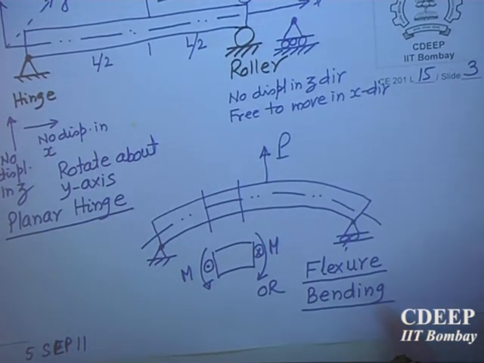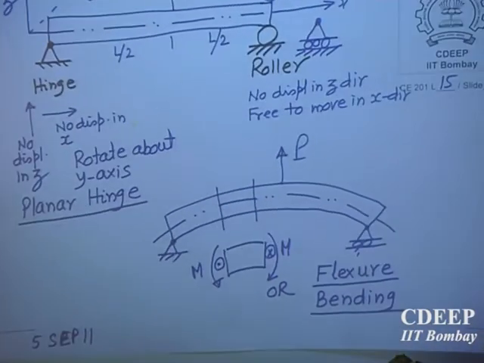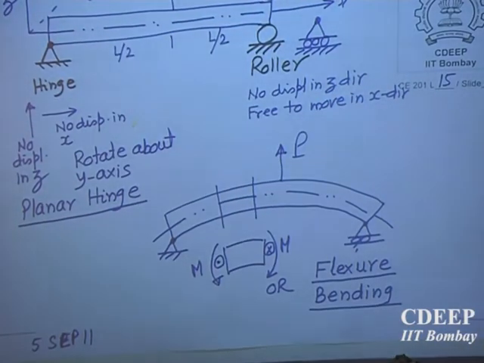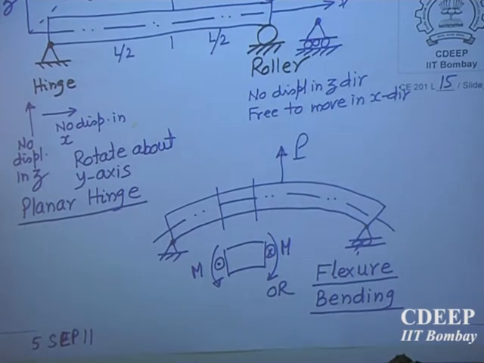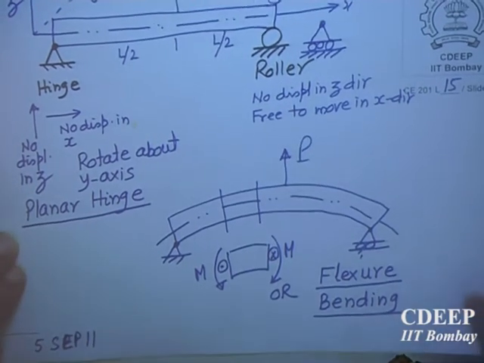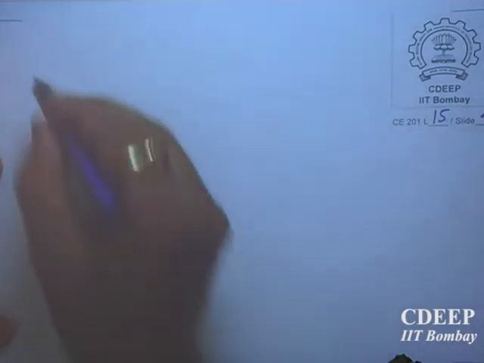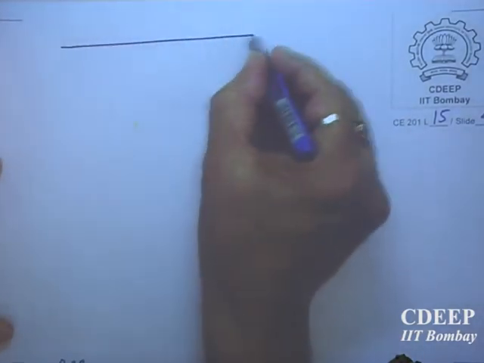Okay. So the first part of this is how to find out the reactions. Under the action of transverse load, how to find out reactions. So this beam is there.